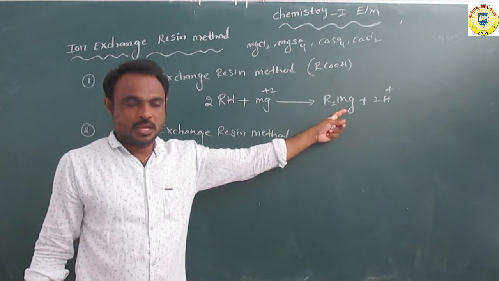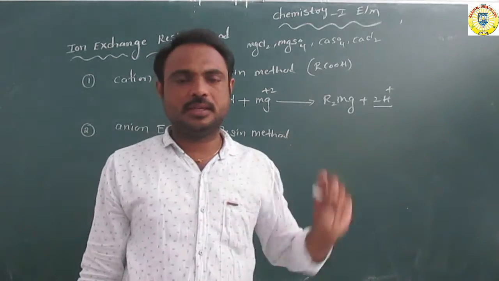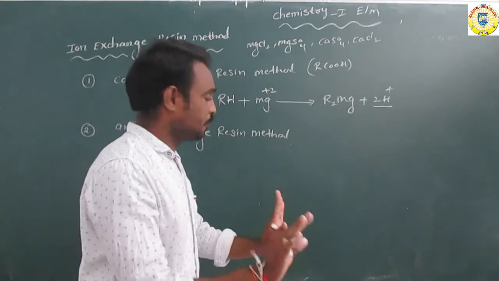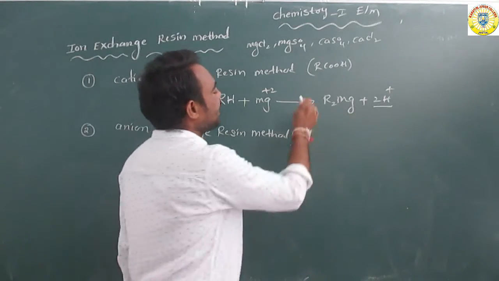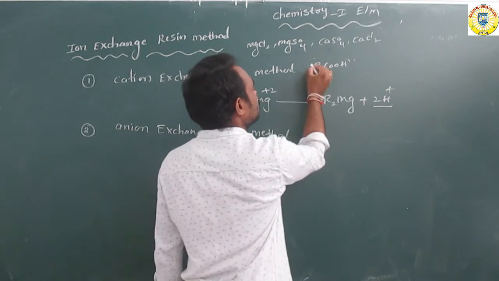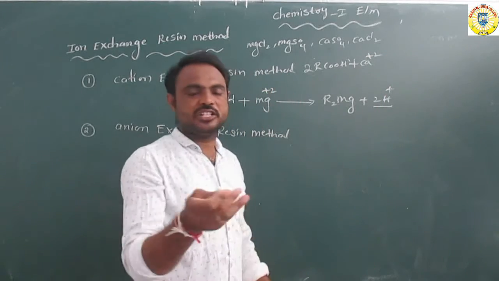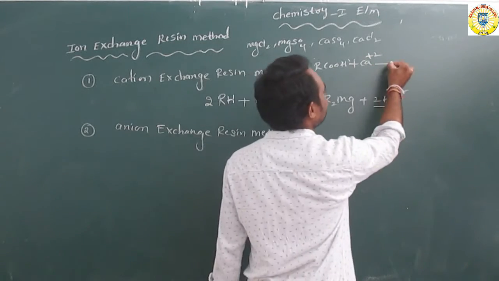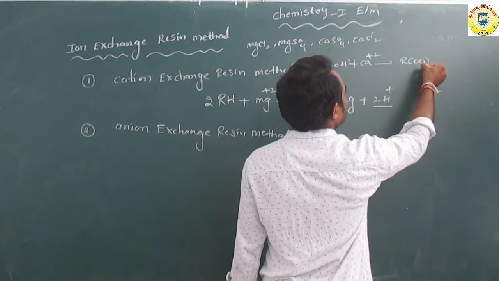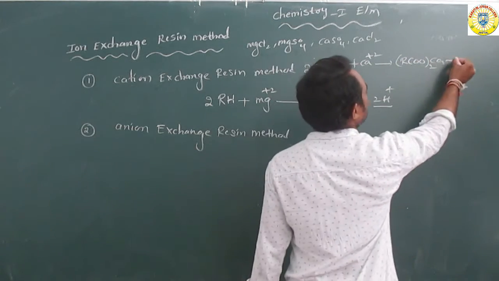In this reaction, H+ ions are formed. Or suppose we take RCOOH. This RCOOH reacts with Ca2+ ions, and that time we get (RCOO)2Ca and 2H+ ions.